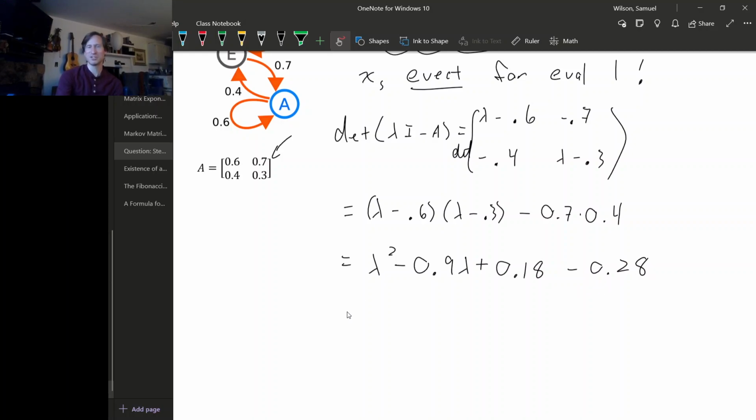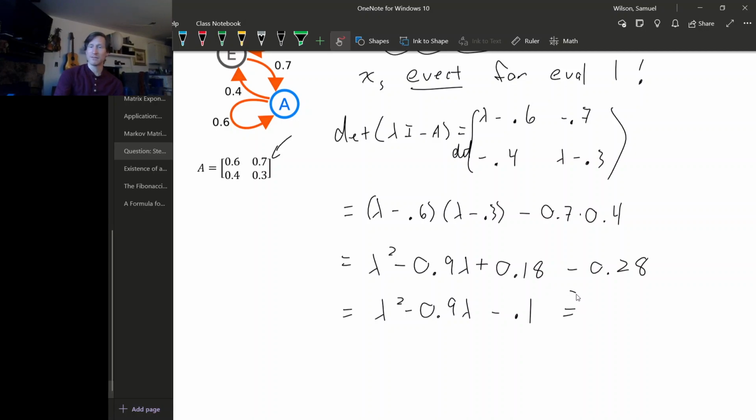So it's possible I should have calculated these ahead of time so that you don't have to watch me struggle to do decimal arithmetic in my head. So this is going to be minus 0.1. Okay. All right, now we're looking for eigenvalues.